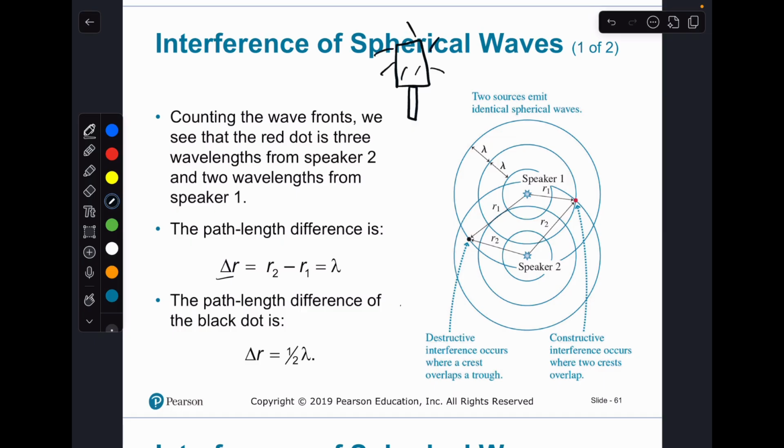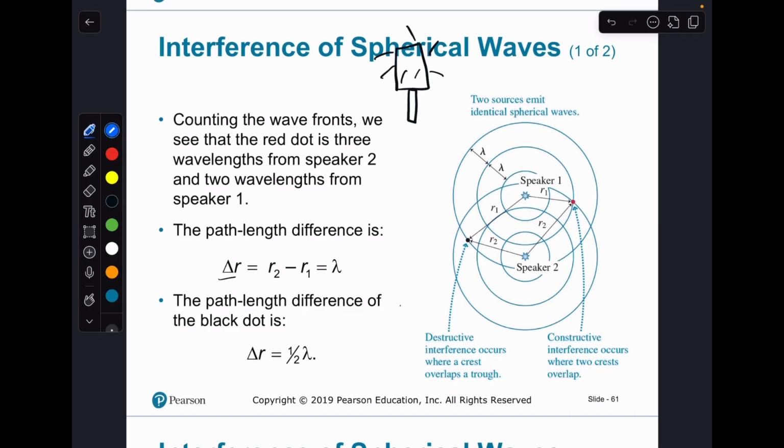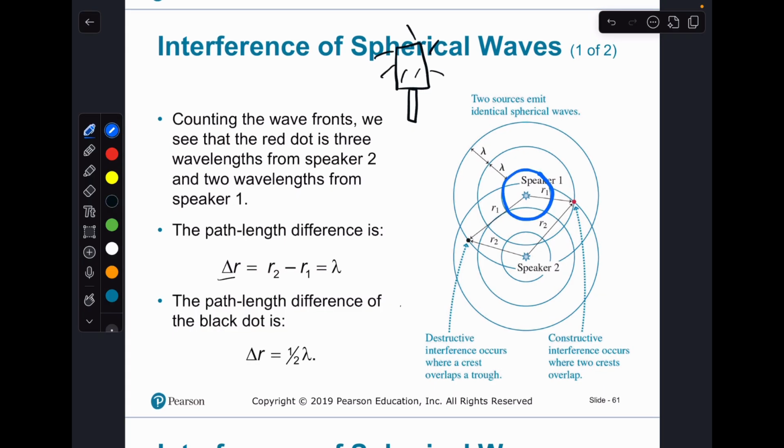Then the sound waves looking down at it would look like circles, where these blue circles here represent the peaks of the sine wave, and they would all line up in different radii.